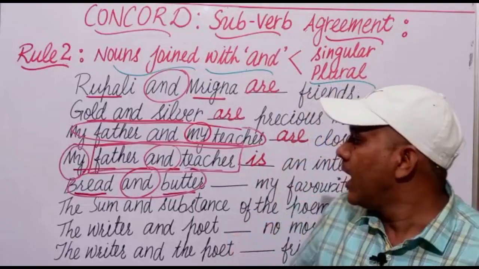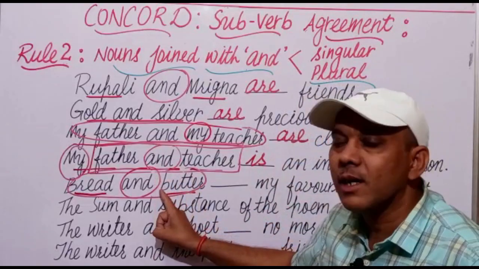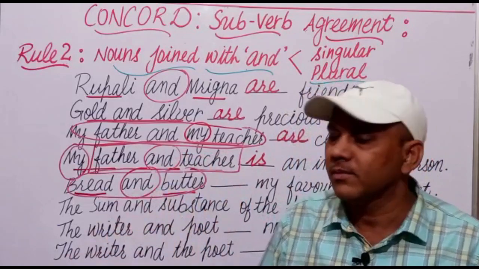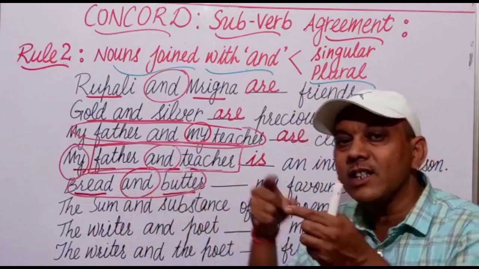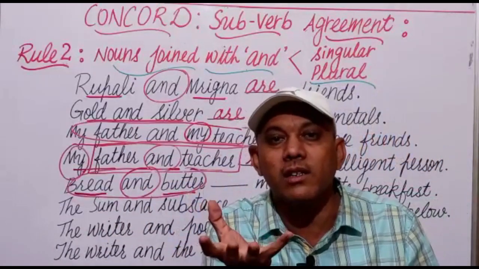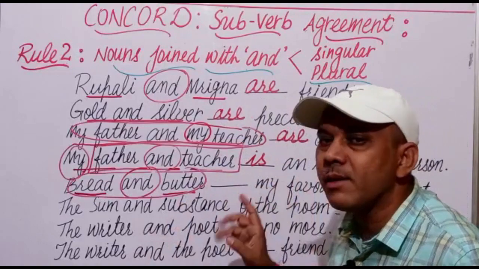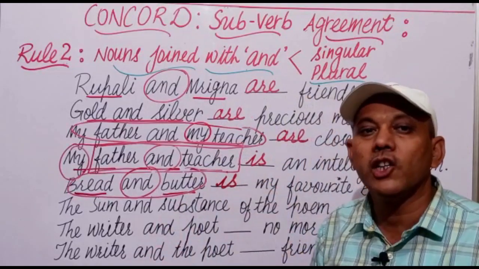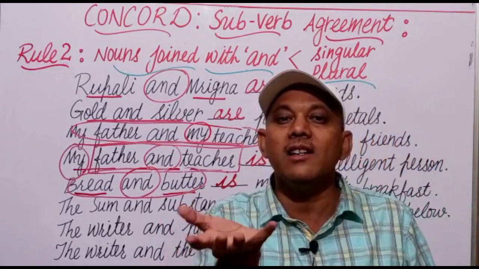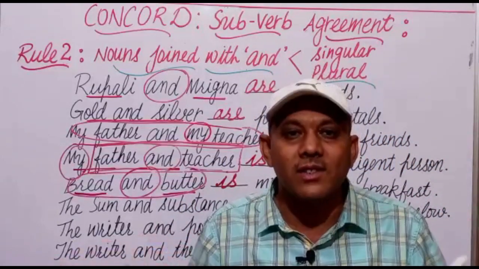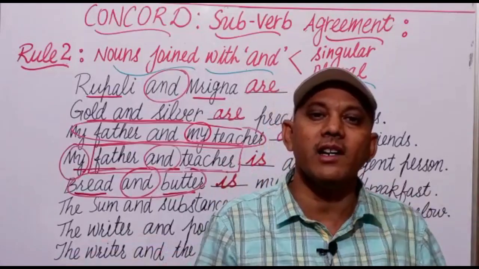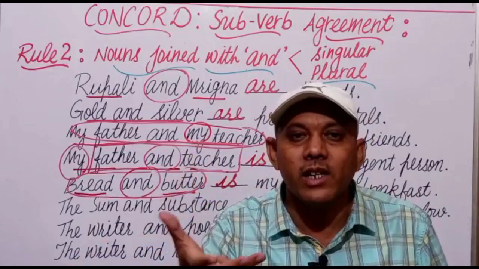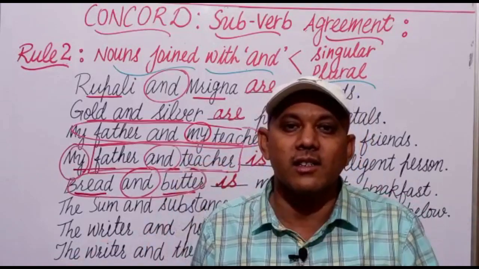You have to identify the subject, whether it is singular or plural. Bread and butter refer to the same thing as a unit. Bread and butter is my favorite breakfast. In the same way, rice and curry is my favorite lunch, not are my favorite lunch, because it becomes a single unit.